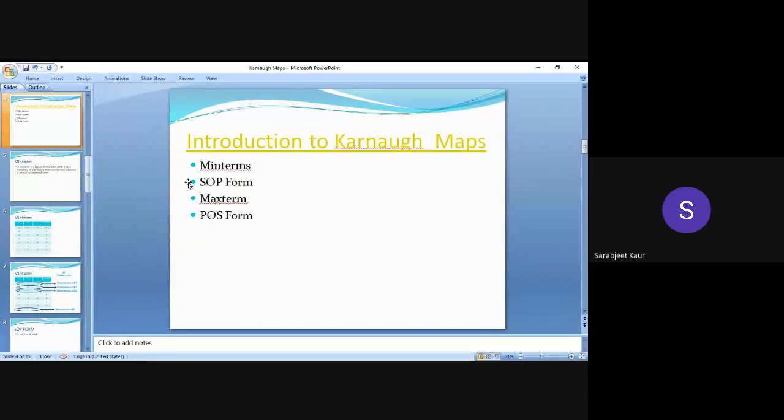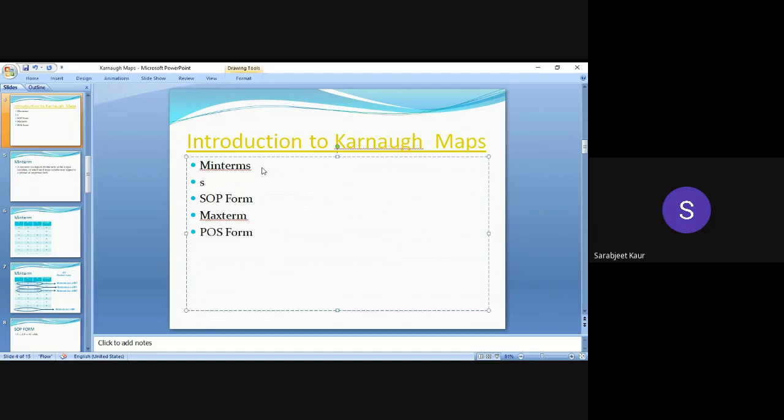We have seen what is a min term, and we have talked about the sum of min terms form, and also what are product terms as opposed to this, and the sum of products form. Is this clear so far? Yes, ma'am.